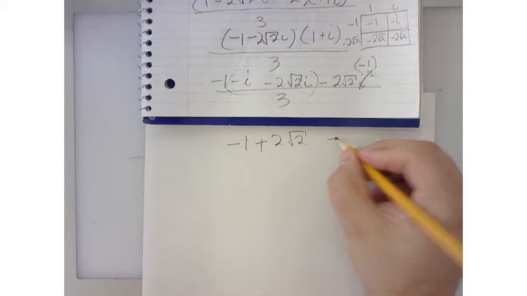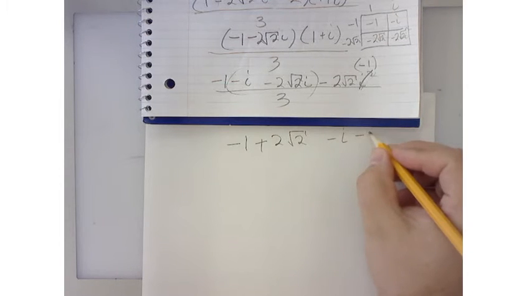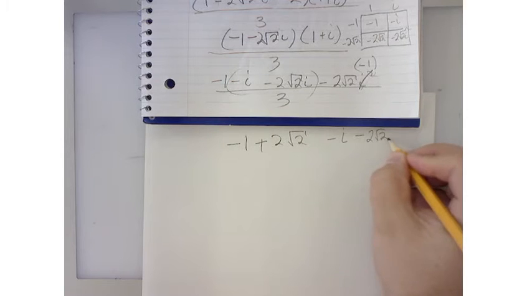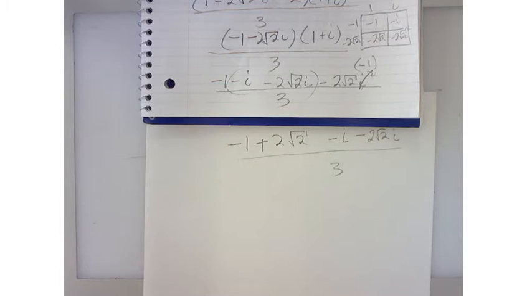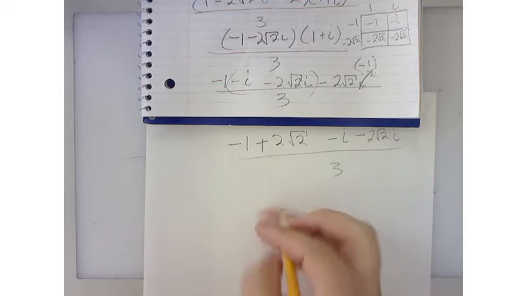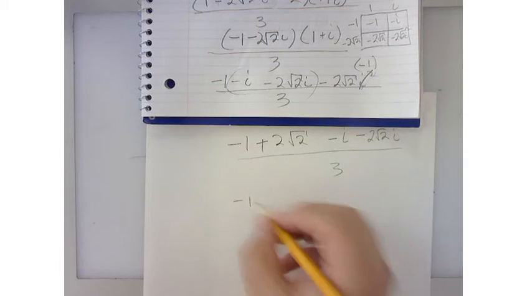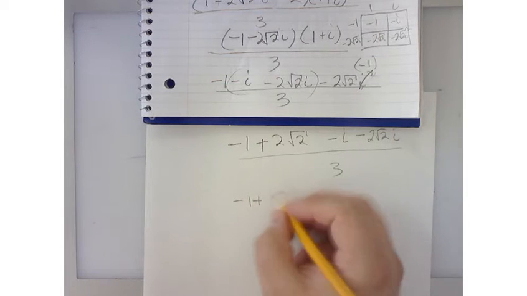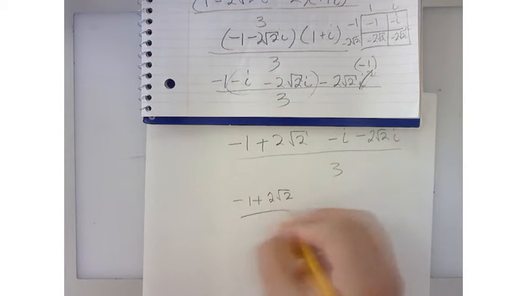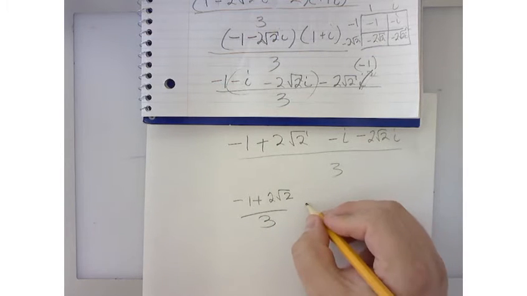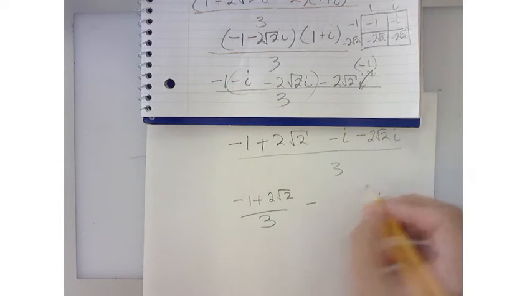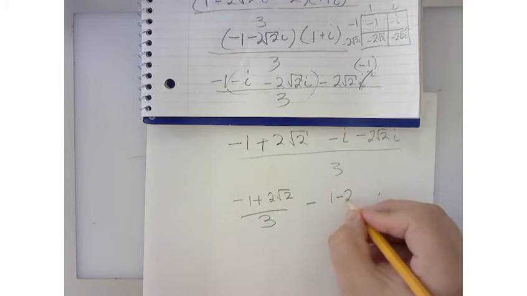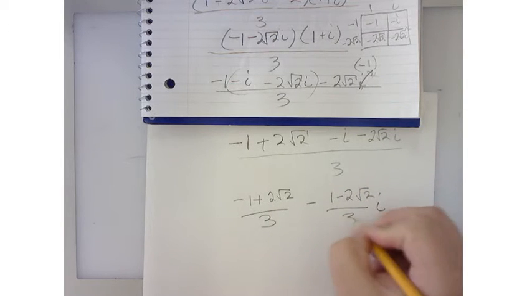And then I have -i minus 2 root 2i, all over 3. And so then I can separate those, and I could say -1 plus 2 root 2 over 3. And then if I pull the i out and put it in the back, I've got 1 minus 2 root 2 all over 3 here.